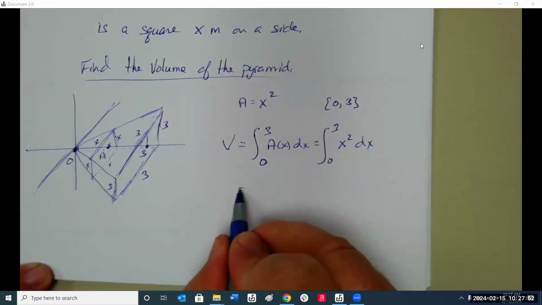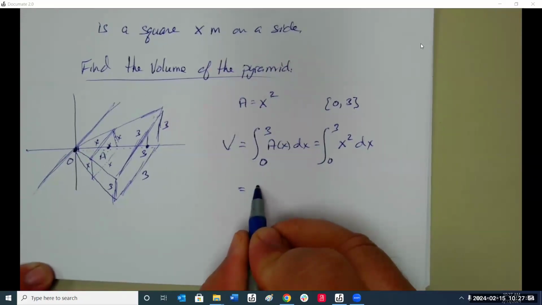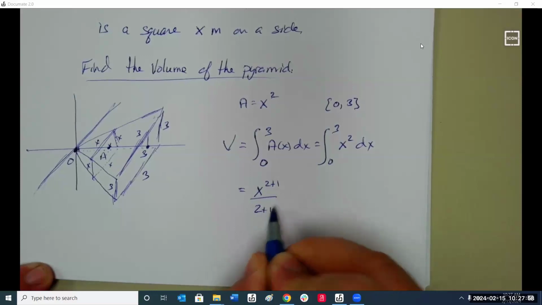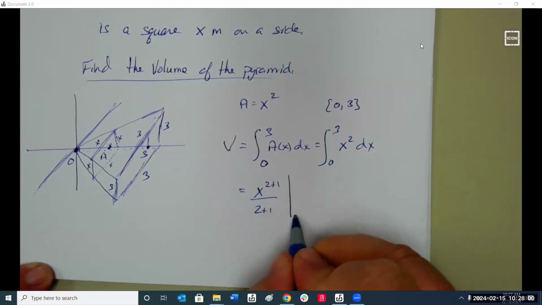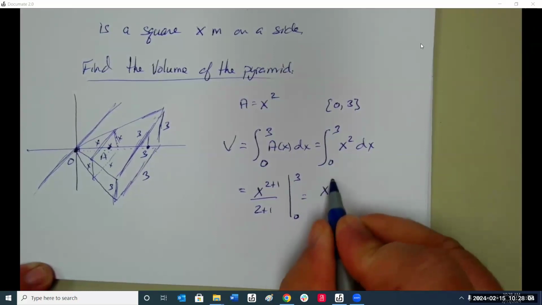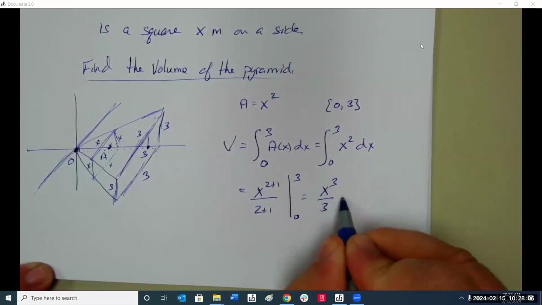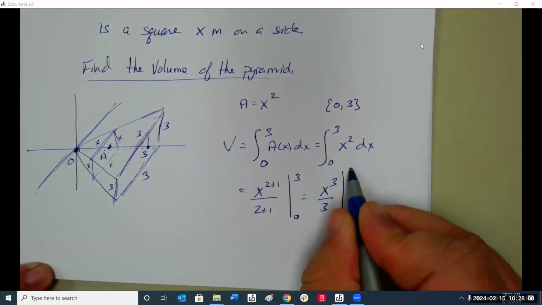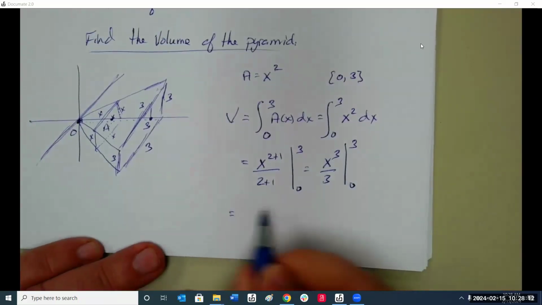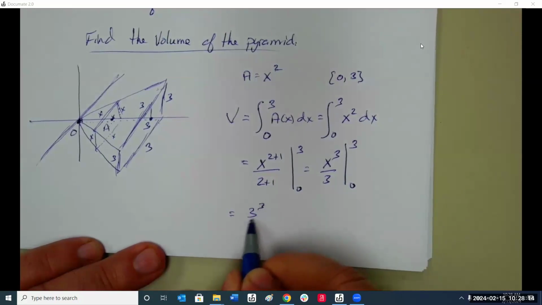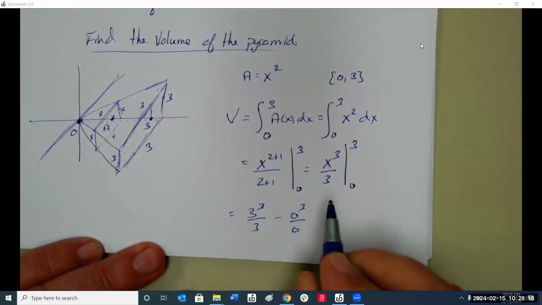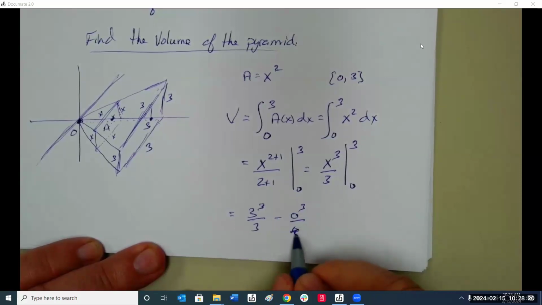So we integrate that, we get x to the 2 plus 1 over 2 plus 1. So it's x cubed over 3 from 0 to 3. Three cubed over 3 minus 0 cubed over 3.